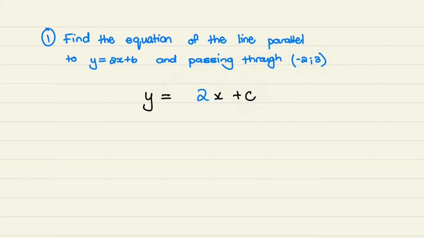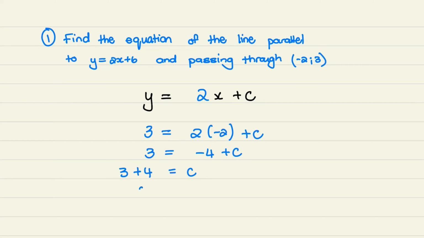So I'll replace y with 3 and x with -2. If I multiply out, I have 3 = -4 + c. And then I need to transpose the 4. So 3 + 4 = c. Therefore, the y-intercept is equal to 7.